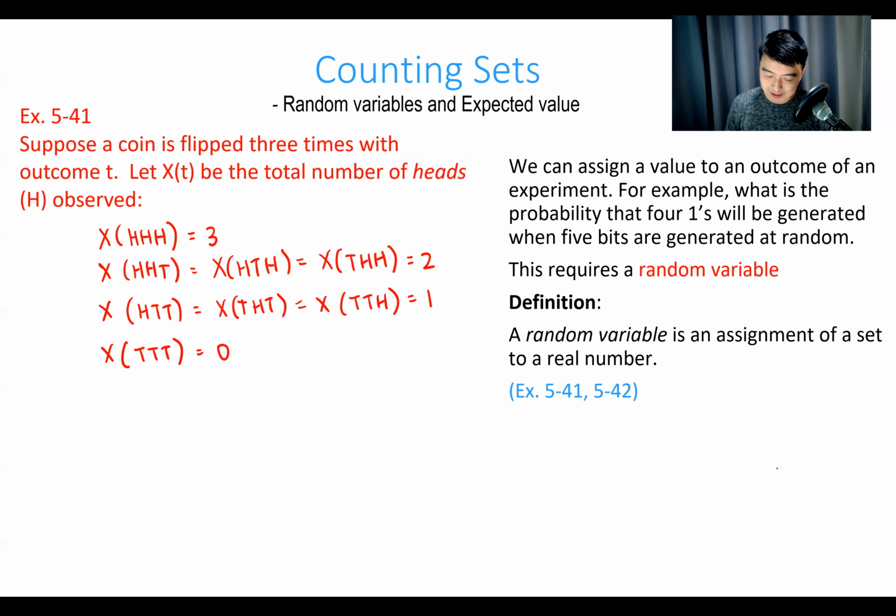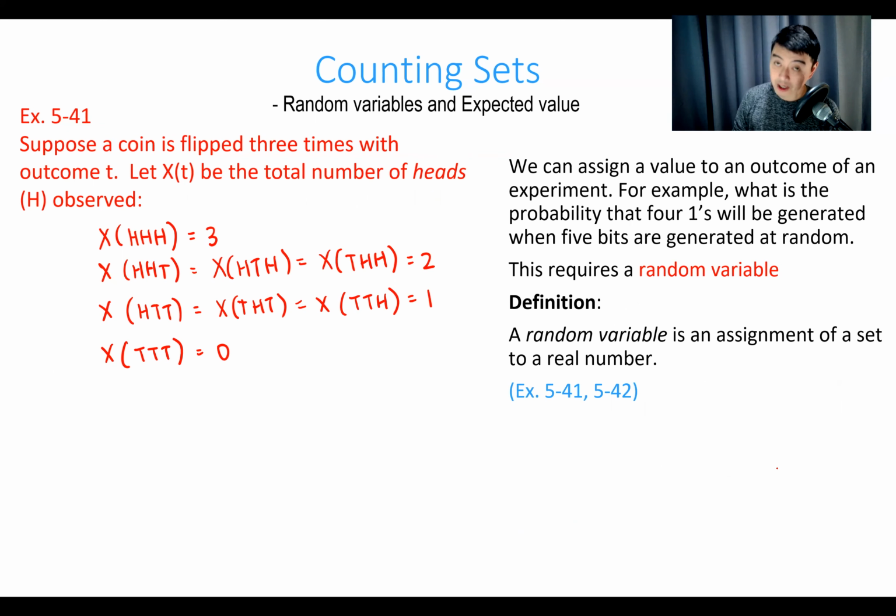We essentially have four numbers that can be represented by this random variable. In total, there are 8 outcomes that can occur, ranging from heads, heads, heads, all the way down to tails, tails, tails.